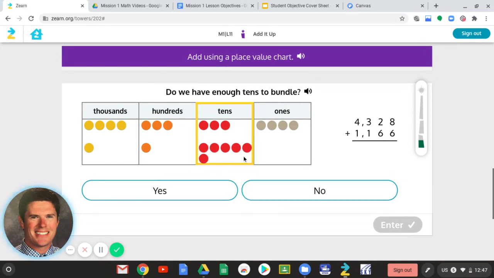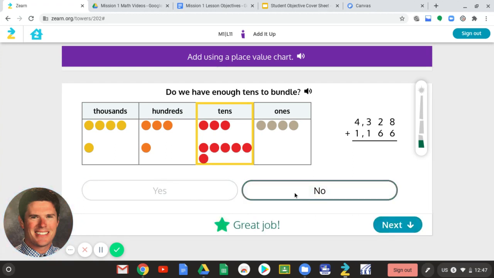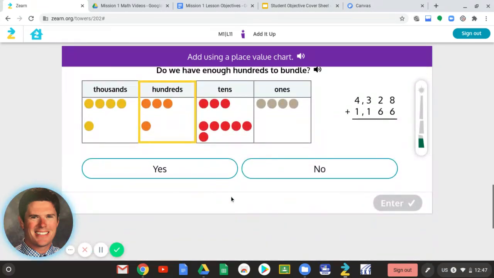Do we have enough tens to bundle? So we're going to look and now see if we have at least 10 tens. I count 9. I do not, because I do not have at least 10 there. Because remember, you have to have at least 10. Do we have enough hundreds to bundle? 1, 2, 3, 4.